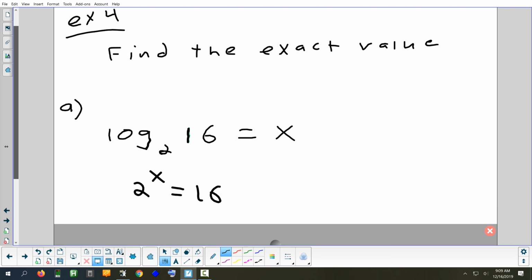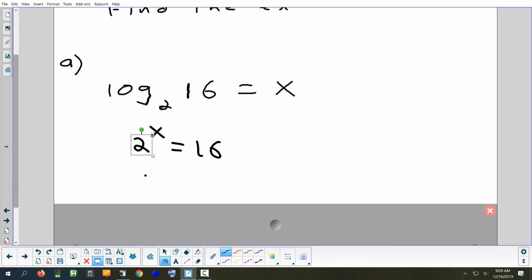Now, I picked these numbers on purpose, so 16 is a power of 2. 2 to what power gives you 16? 4. Yep. Now, if you were thinking 8, you were thinking 2 times x equals 16. No, that's different. 2 raised to the power of x. In that case, 2 to the 4th power. 2 times 2 times 2 times 2. And that's it. Question on that one?